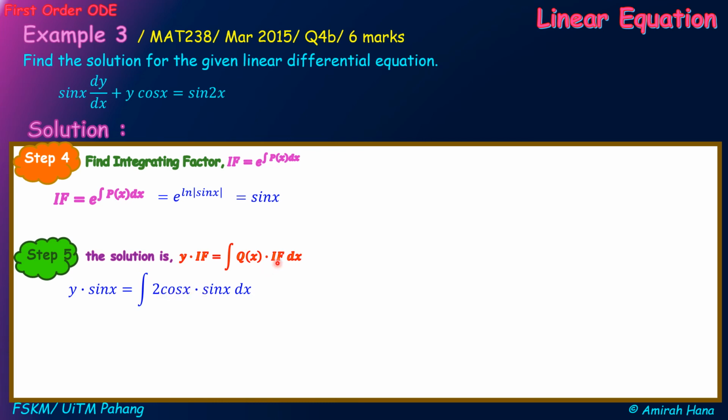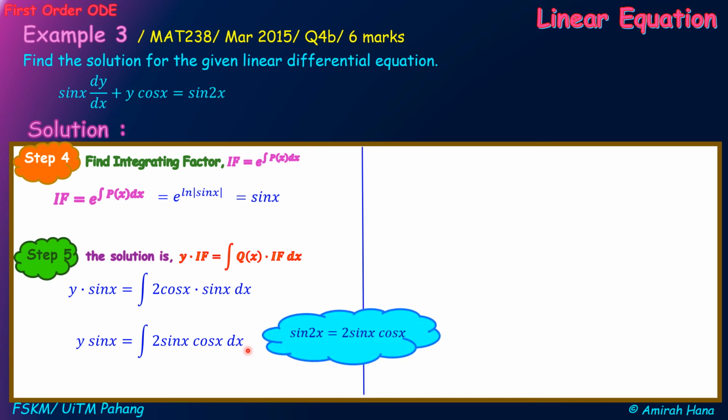And then times IF. We replace IF equals to sin x. And then we have dx. Or we can write y sin x equals to integration of 2, we just replace sin x in front here, and then cos x, and then dx.